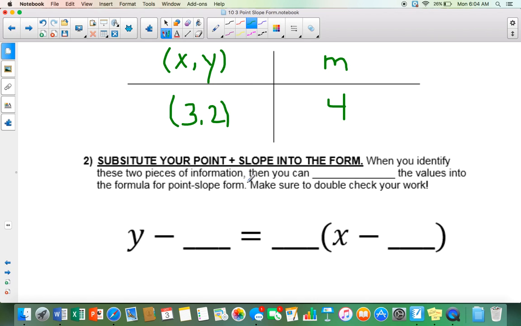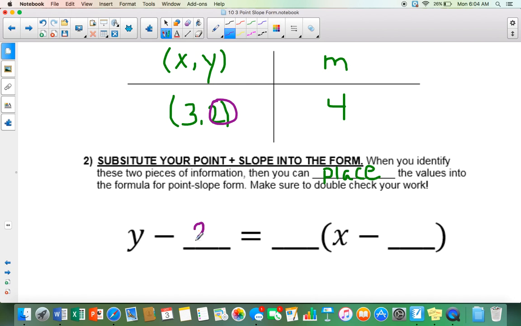So now from here we're going to place the values into the formula for the point slope form. So we know that our formula is y minus y1. So let's look up here at our point. Here is our y value.